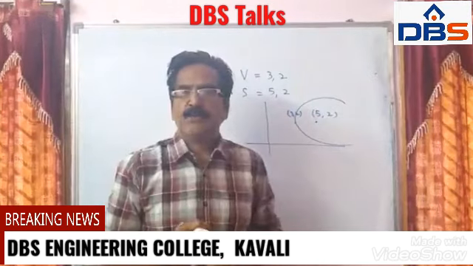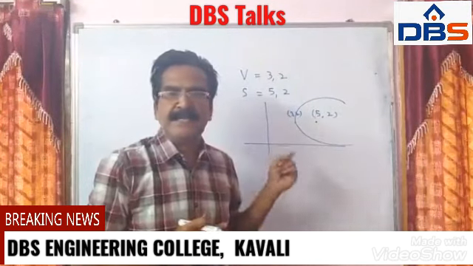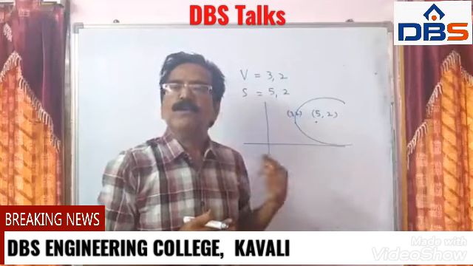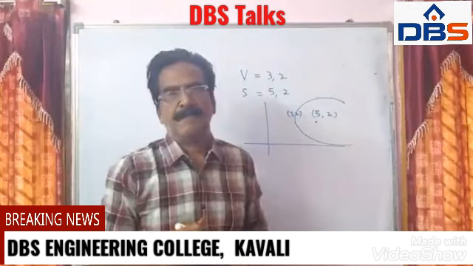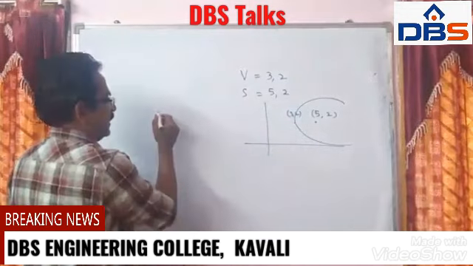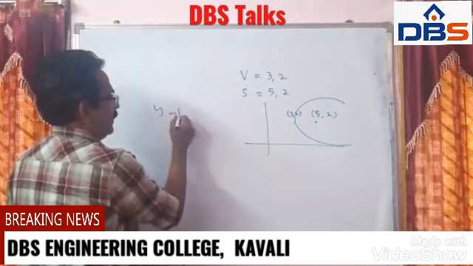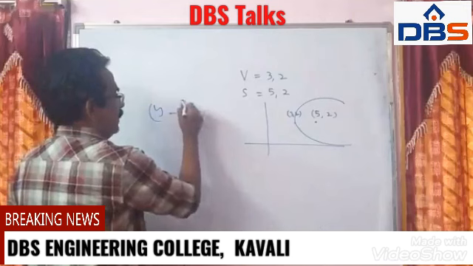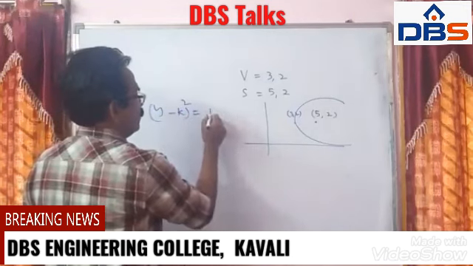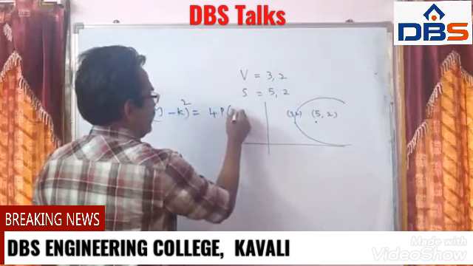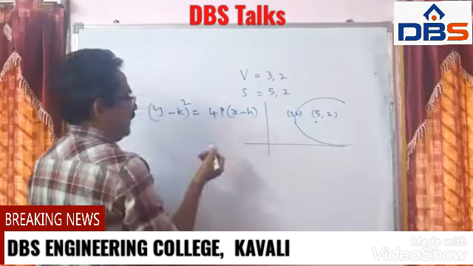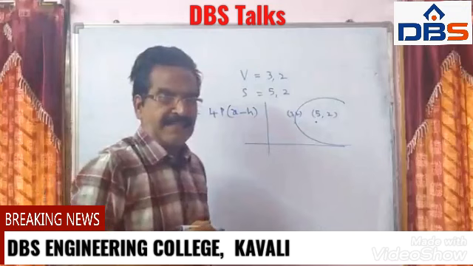Right open is y minus k whole square is equal to 4a or 4p into x minus h, where h, k is the vertex.